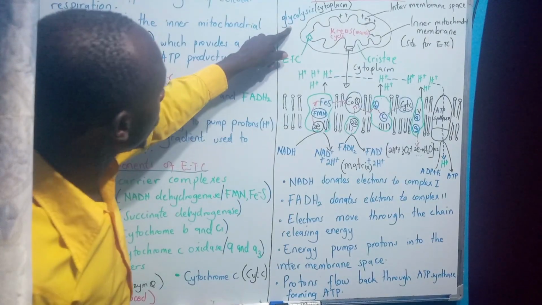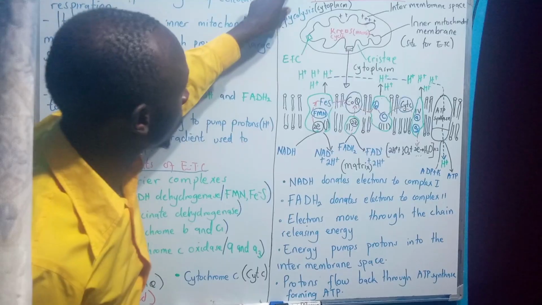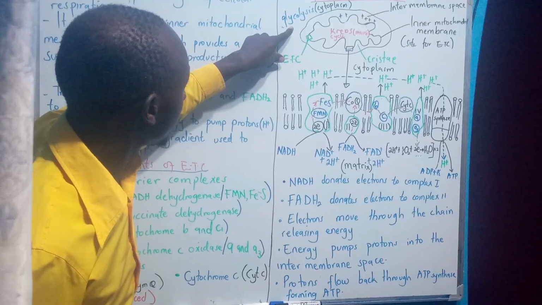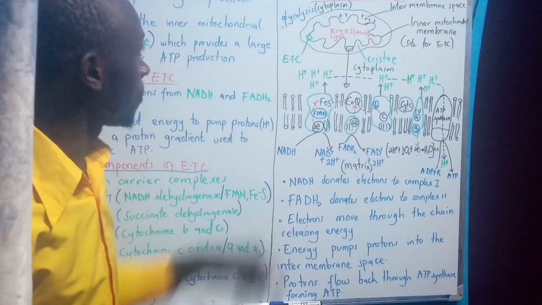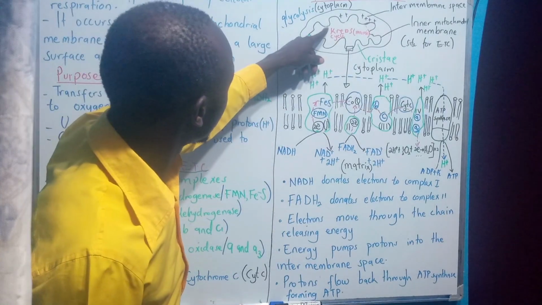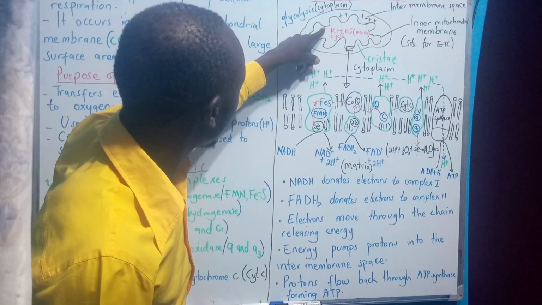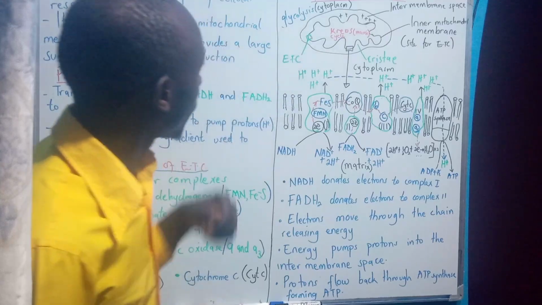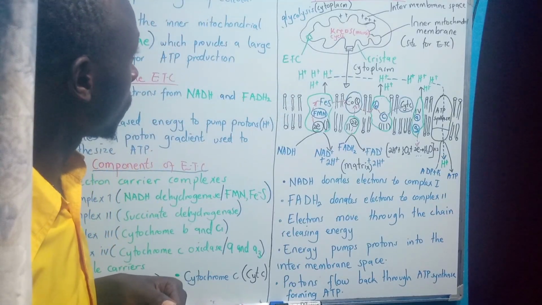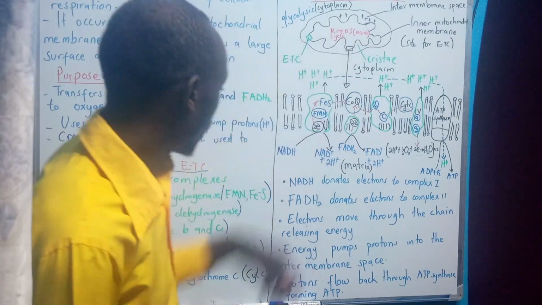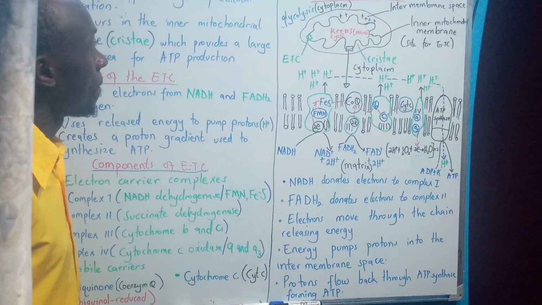So outside, we are going to be having glycolysis. What is surrounding the mitochondria is the cytoplasm, so glycolysis is occurring in the cytoplasm. Then as we enter inside, the inner mitochondrial membrane, or this membrane here, is where we're going to be having our electron transport system, and our Krebs cycle is going to be occurring in our mitochondrial matrix.